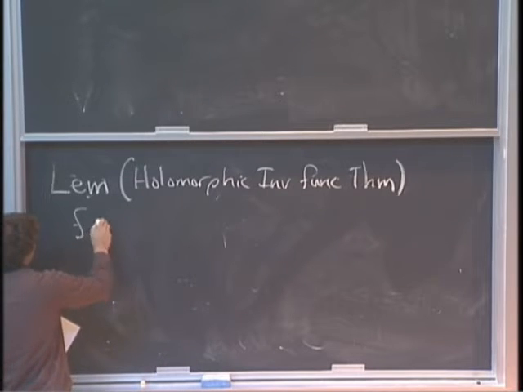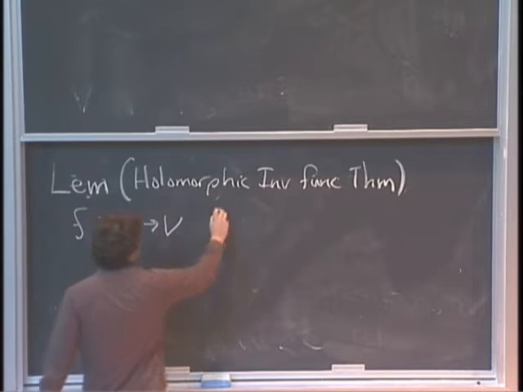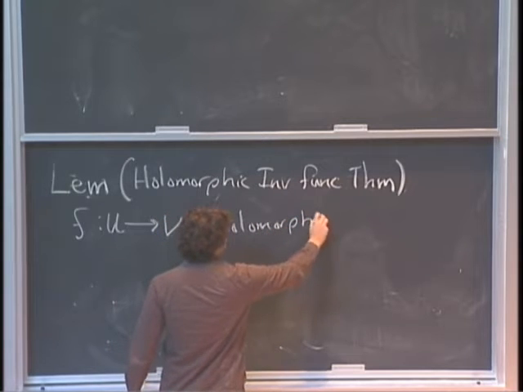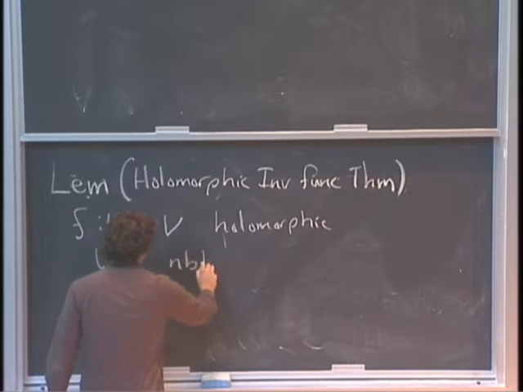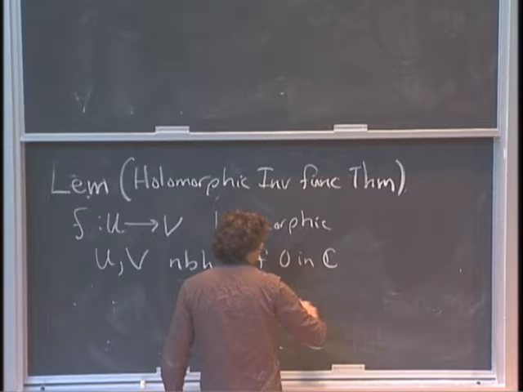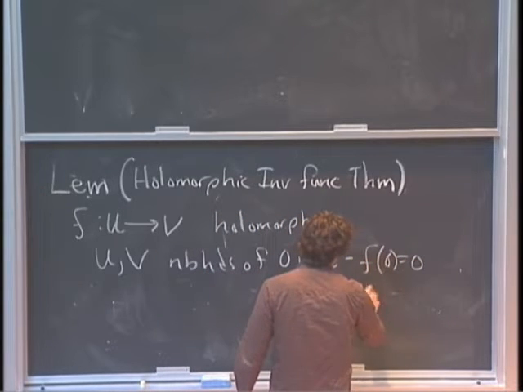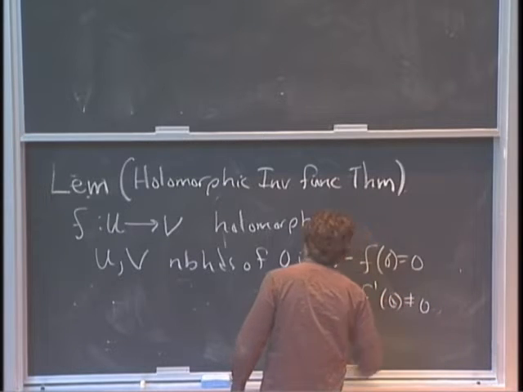Suppose we have a map f from U to V, which is holomorphic, and U and V are neighborhoods of 0 in the complex plane, and we're going to assume f of 0 is equal to 0, and f prime of 0 is not 0.